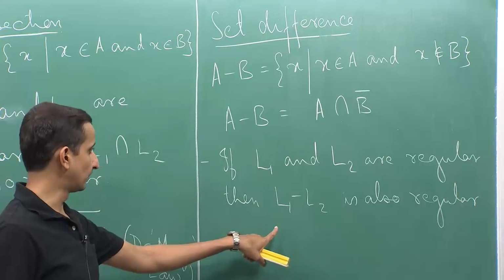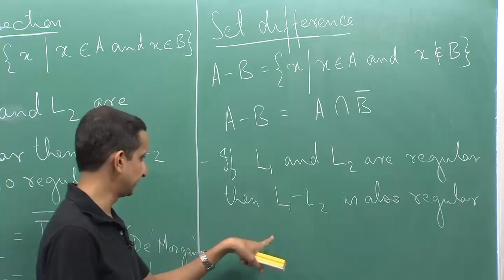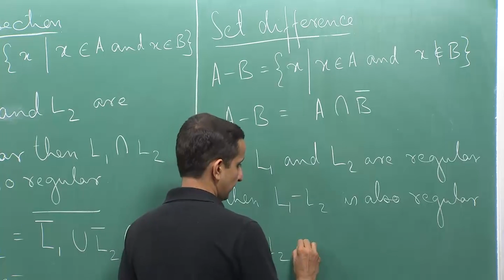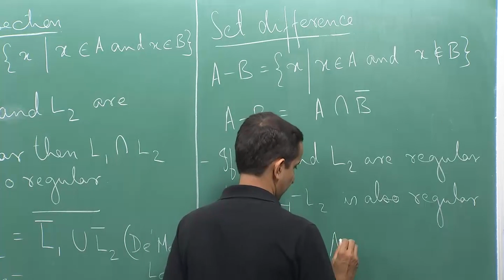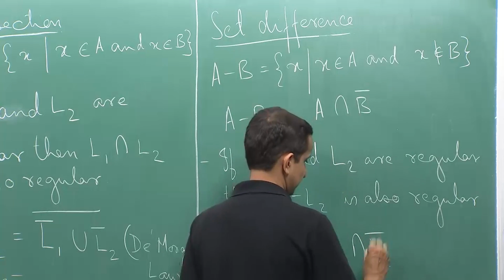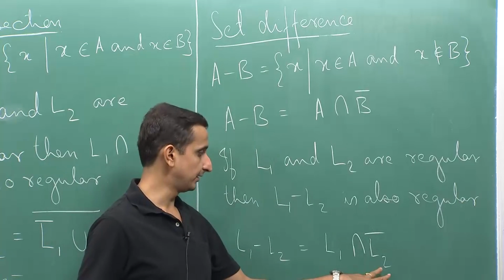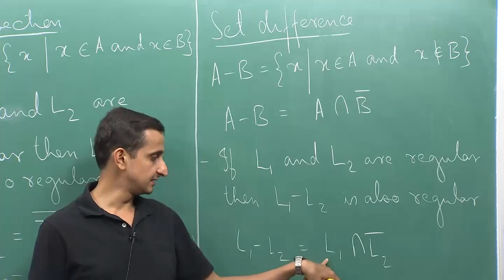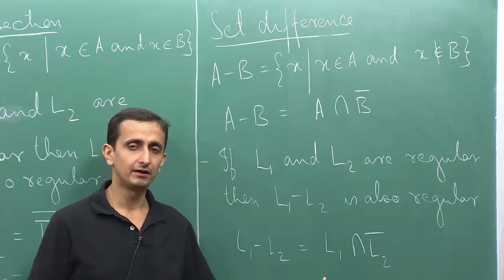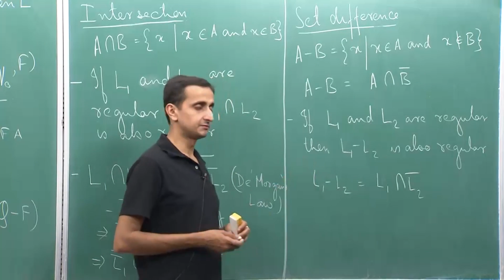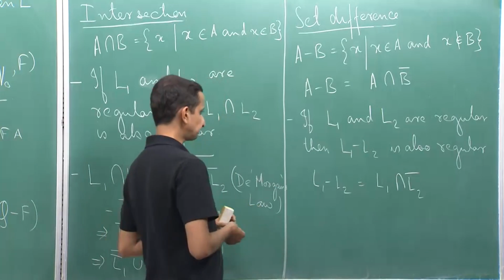The proof follows by a similar logic. L1 minus L2 is nothing but L1 intersection L2 complement. So, since L2 is regular, L2 complement is regular, and since L1 and L2 complement are regular, L1 intersection L2 complement is also regular. So, this proves the set difference.